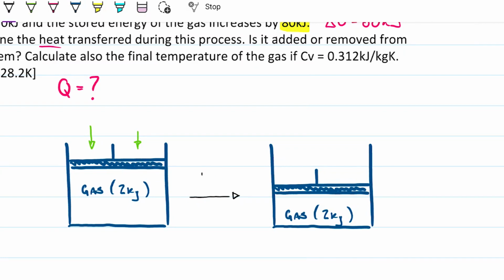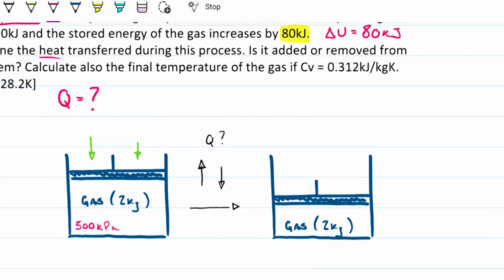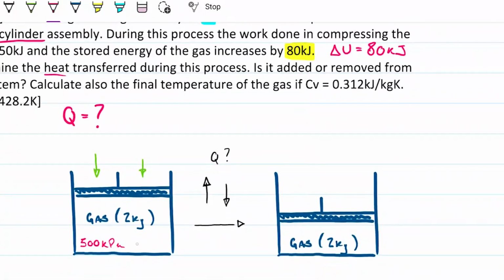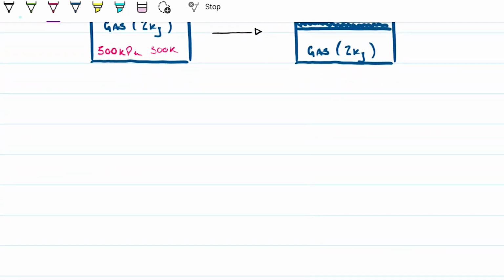Then the question is: is heat leaving or entering my system, how much, and what's the final temperature? We know the pressure here is 5 bar or 500 kilopascals, and the temperature is 300 Kelvin. The pressure at the end is certainly greater than 500, and I believe the temperature will also be higher. But let's check what's going on here.